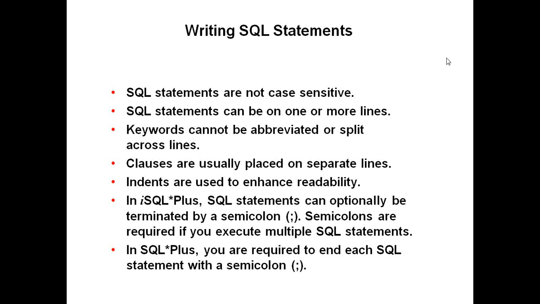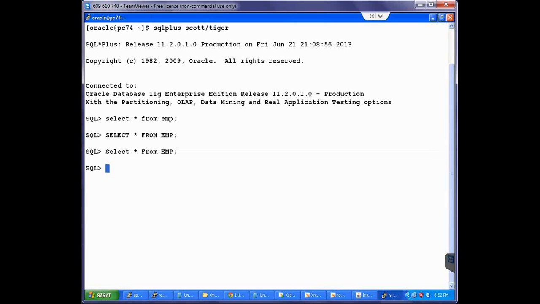When I say keywords cannot be abbreviated, it means you can write your select statement like this, but you cannot write it like this. The moment you write SCL, it throws an error. And you cannot write half of the word on one line and half of the word on the next line. That is not possible.